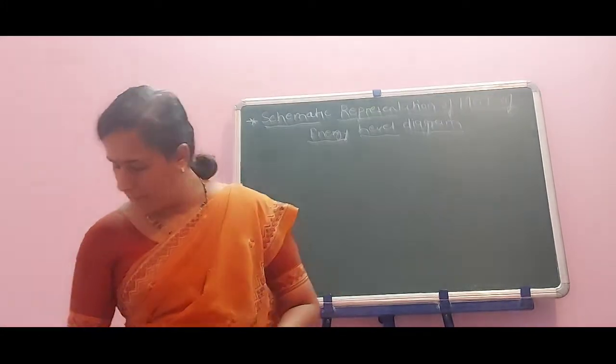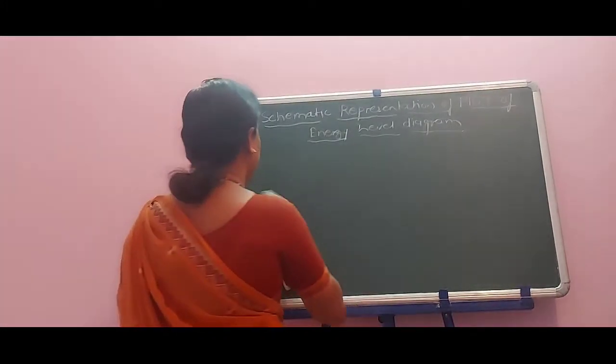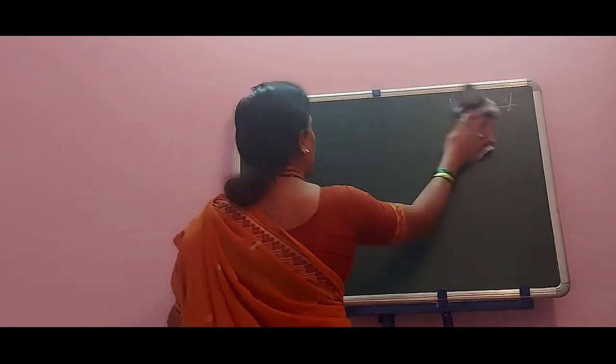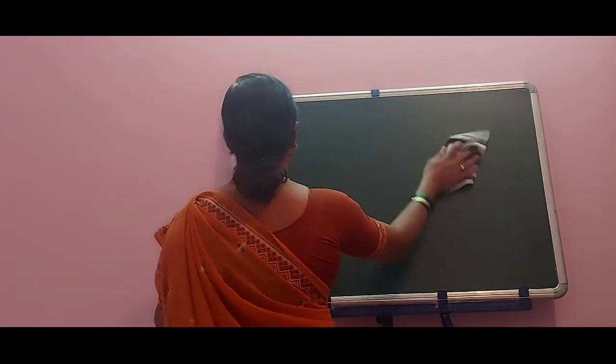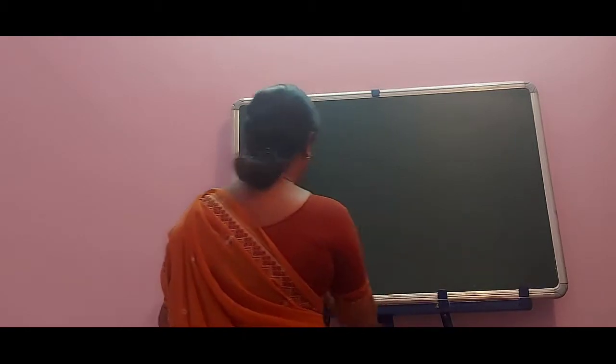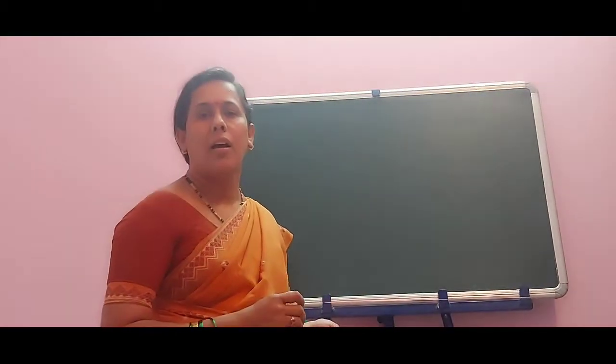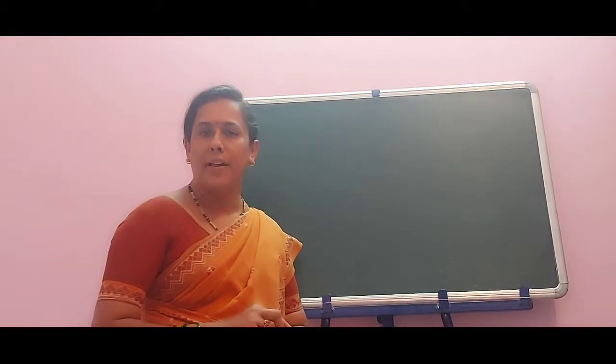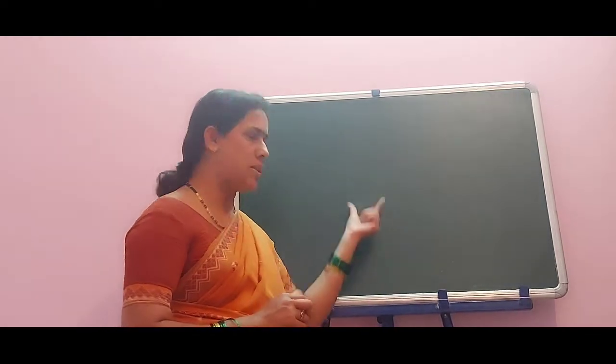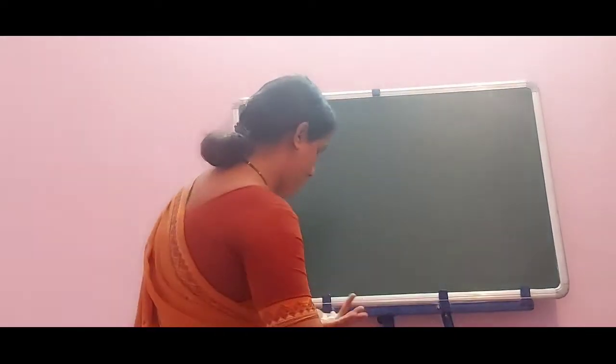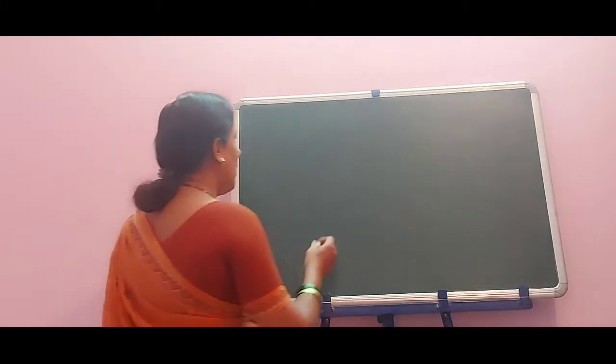So let us start here. First of all, I will draw the diagram and then we will specify each and every point. See here, one by one you can also draw the diagram.